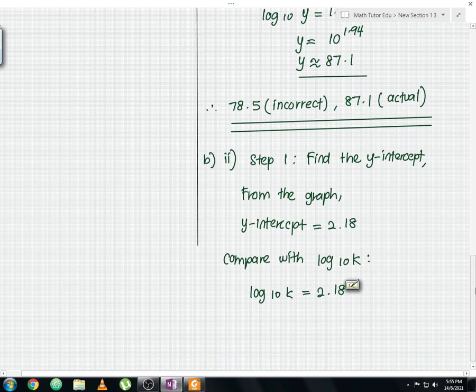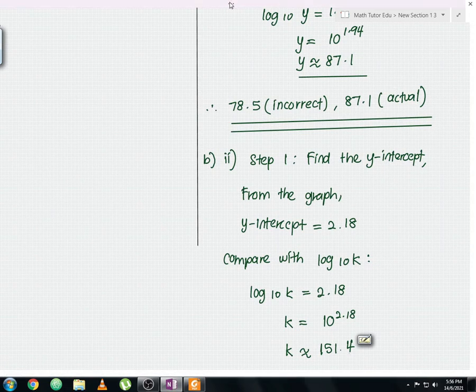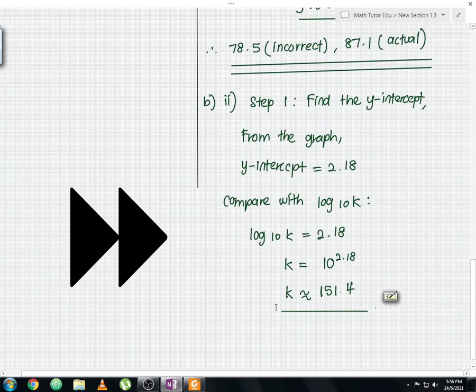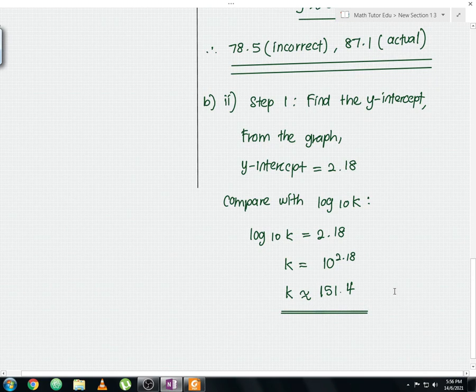To find the k, you perform the anti-log. So the anti-log will be 10 to the power of 2.18. You calculate this, you should get your k approximately 151.4. Let me underline the solution. So this is one of the solutions.